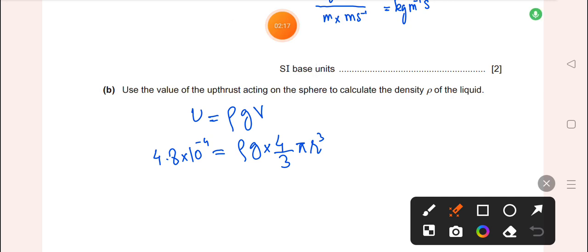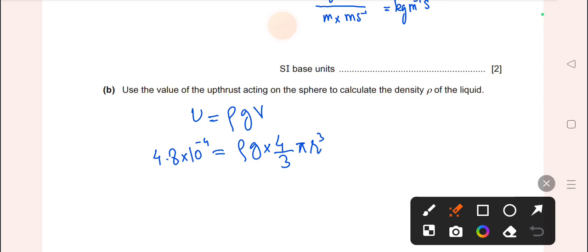In the next part it says use the value of upthrust on the sphere to calculate the density of the liquid. So beta, what is the formula for upthrust? Upthrust is equal to rho GV. Rho is the density of the fluid, right? And we have to calculate the density of the liquid.